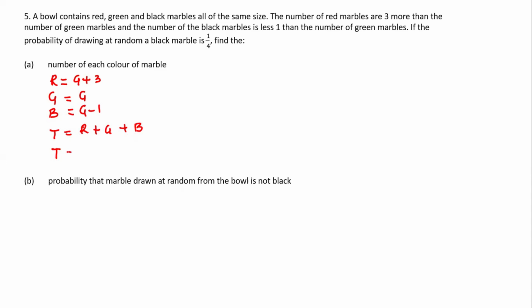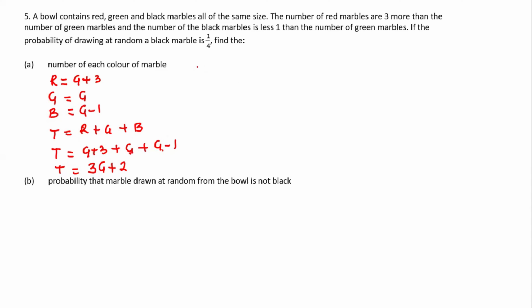Remember, red ball is green plus 3, your green ball is still green, then your black ball is green minus 1. If you add that together, green plus green plus green, that is G plus G plus G, gives you 3G. Then 3 minus 1 gives you plus 2. So the total ball is 3 green plus 2.